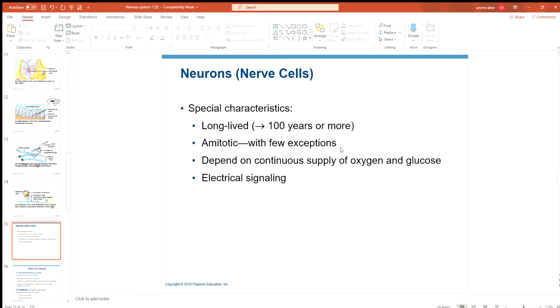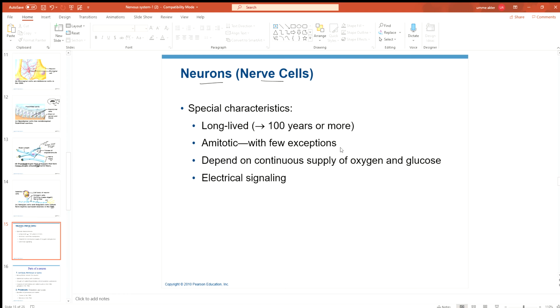So now we'll talk about the main cells of the neural tissue, the neurons or nerve cells. Now, neurons are highly sensitive, and even if you open the skull, the brain tissue may start to degenerate or deteriorate in touch of air.